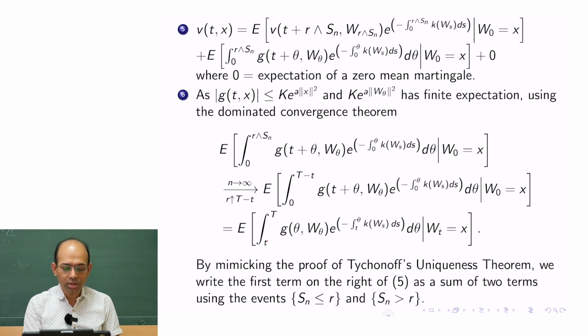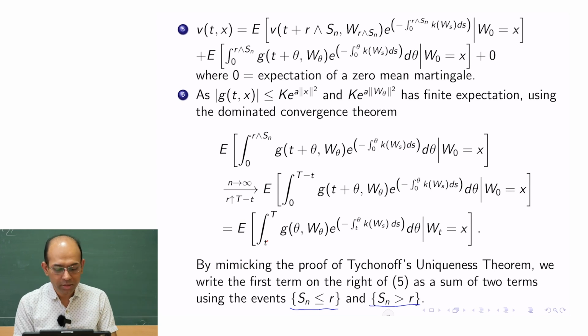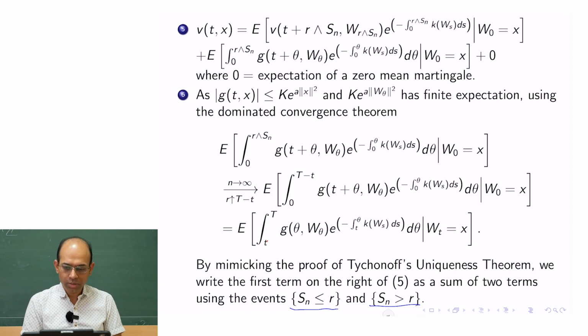One term we get by multiplying with the indicator function Sn less than or equal to r. Another we obtain by multiplying the indicator function of Sn greater than r. So if you add the indicator functions of these two mutually exclusive and exhaustive events, you get 1, correct? So 1 can be written as the sum of indicator functions of these two mutually exclusive and exhaustive events. That we do in the next slide.